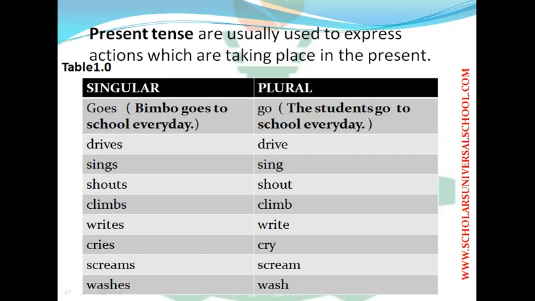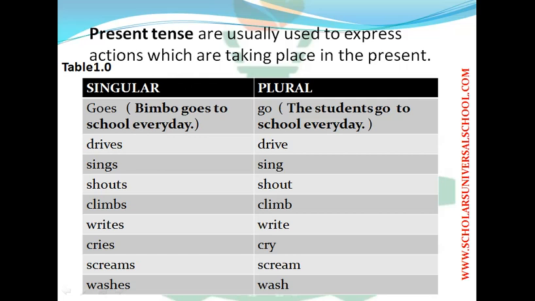Now, this table 1.0 shows a tabulated form of singular verbs and plural verbs. Now, the first example is goes, and I've used that as an example to guide you.